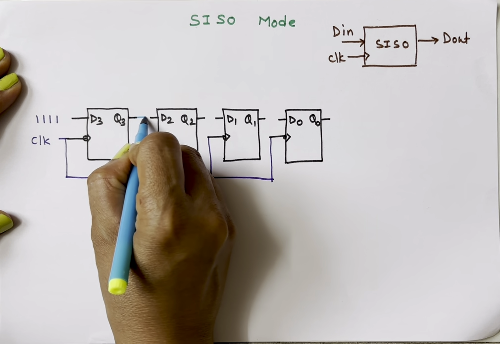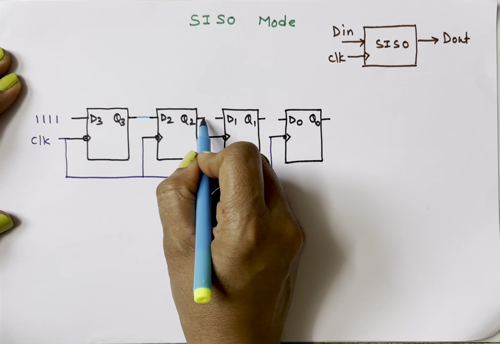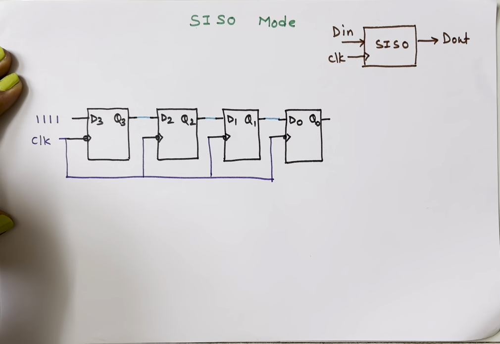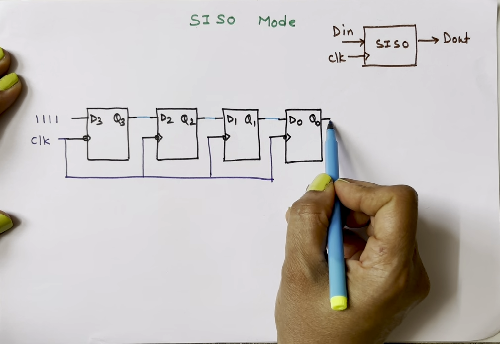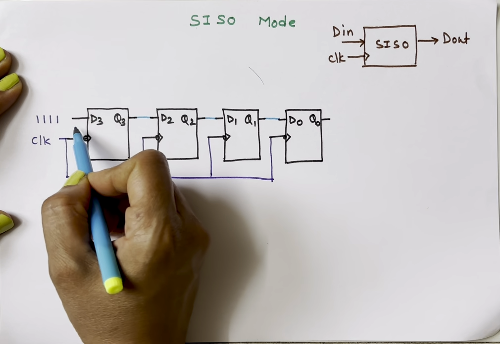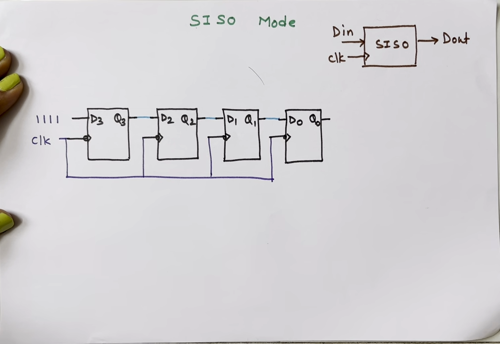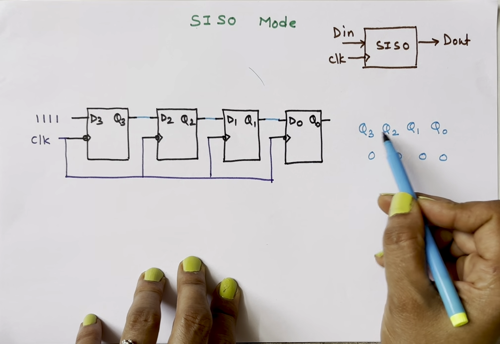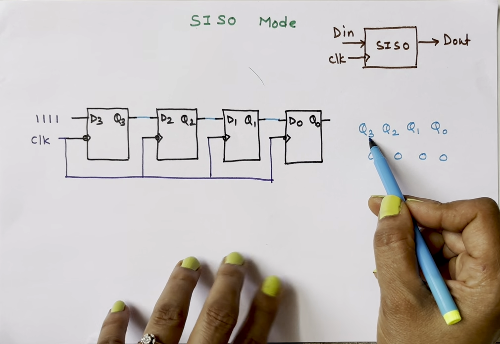Q3 is connected to D2, Q2 is connected to D1, Q1 to D0. For left shift operation, I'll connect Q0 to D1, Q1 to D2, Q2 to D3. So these are my 4 outputs, Q0, Q1, Q2, Q3.